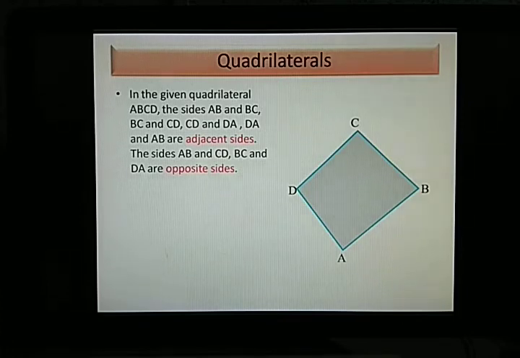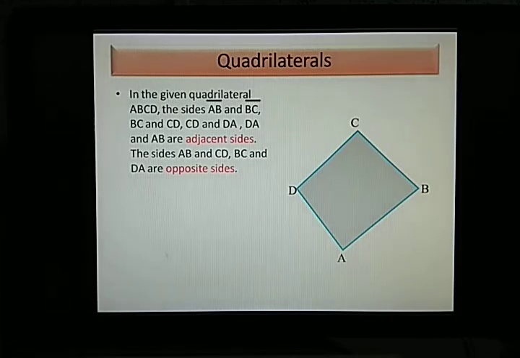Adjacent means nearby or neighboring. So if you see clearly here, the sides AB and BC, are they neighbors? Yes, they are neighbors, having a common vertex B. So they are the neighboring sides, you can say adjacent sides.